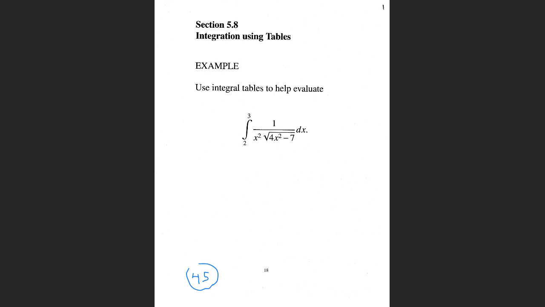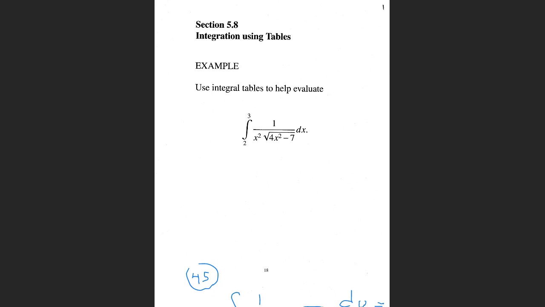Formula 45. So you have the integral of 1 over u squared times the square root of u squared minus a squared du.